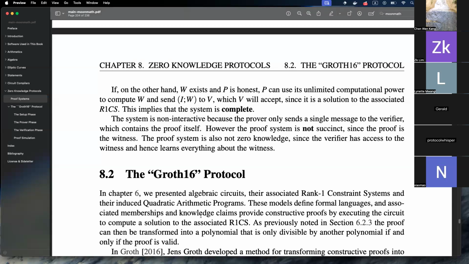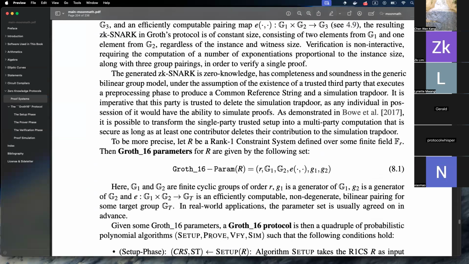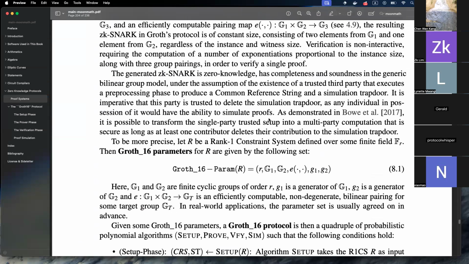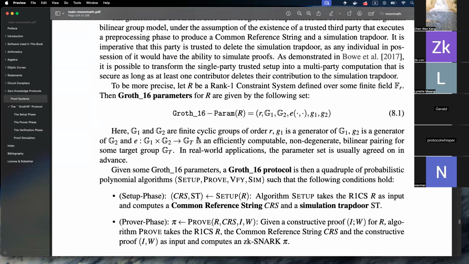I suppose not. Let's go to 8.2, Graph 16. In Graph 16, I'll go through a few parts. Again, if you have any question when going through this, speak up. First of all, we need to understand Graph 16 to set up this proof system.